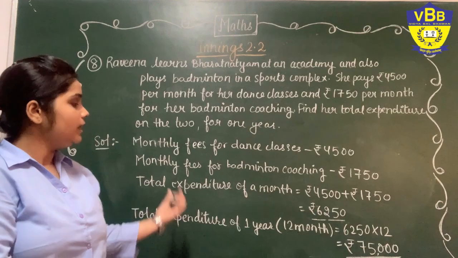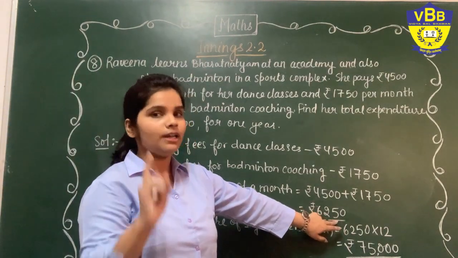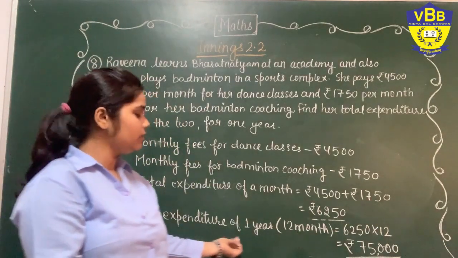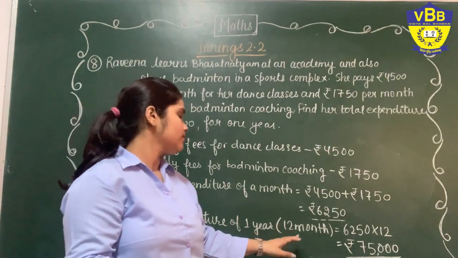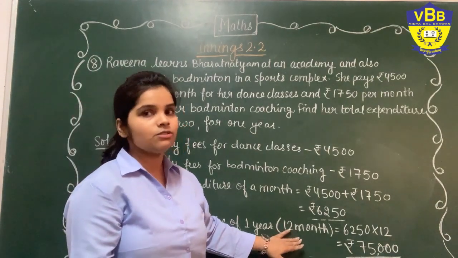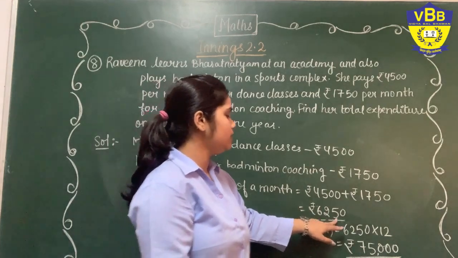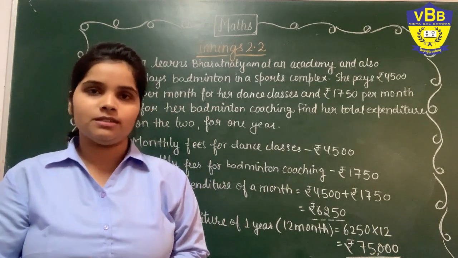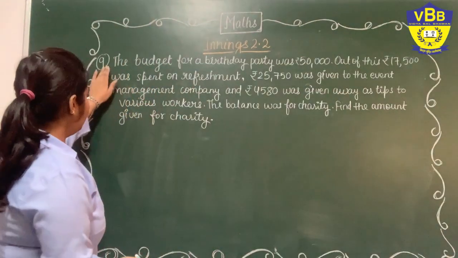Now, if she is spending 6,250 for a month, her total expenditure on the 2 activities for 1 year, 1 year means 12 months, we will multiply 6,250 with 12. That is 75,000 rupees.